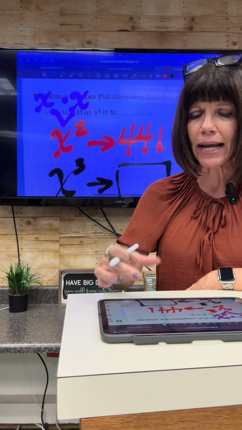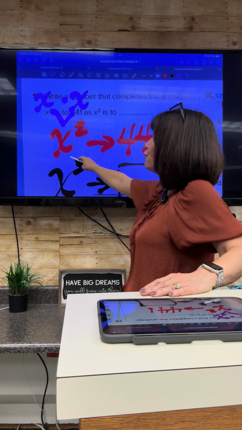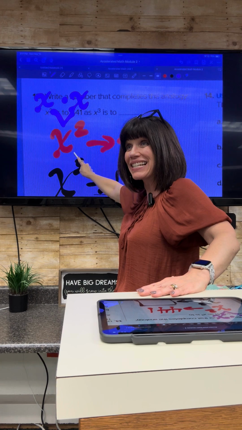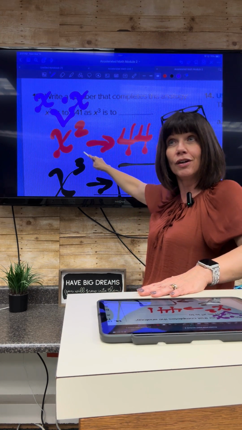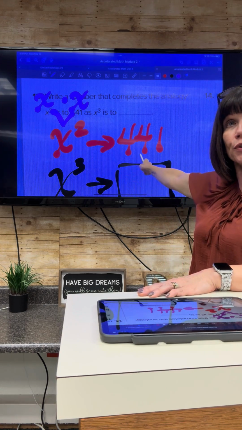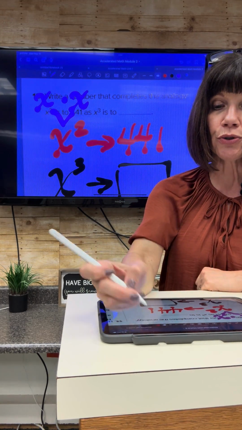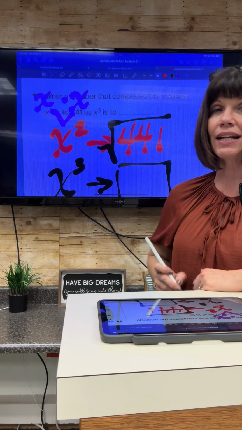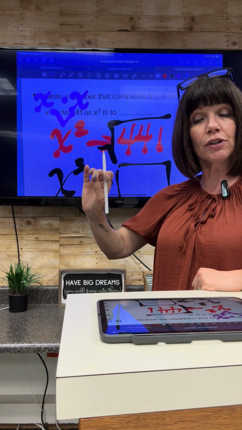Is there a way we can do something with 441 to find the value of this x? What is it that I could do on my calculator? Find the what of 441? Please say it. Square root. Use your radical symbol. Don't say anything out loud. I don't want you telling me this number. Use your calculator.